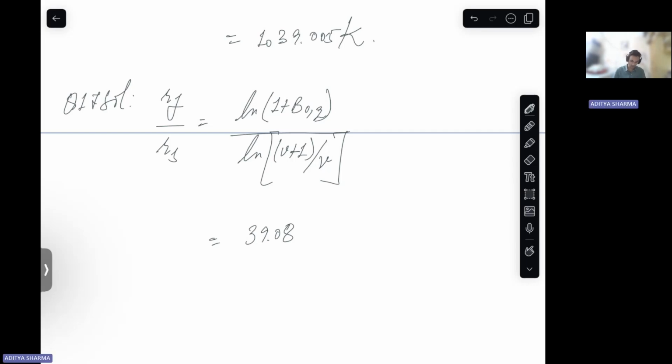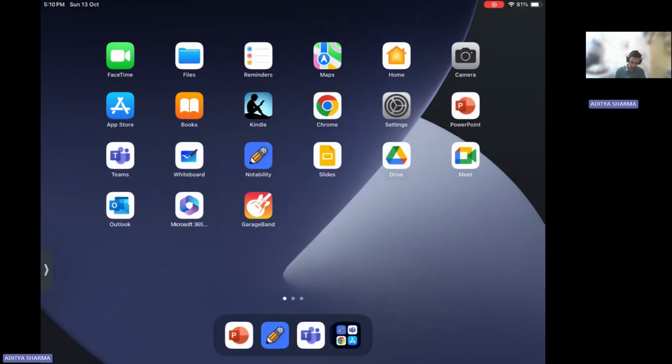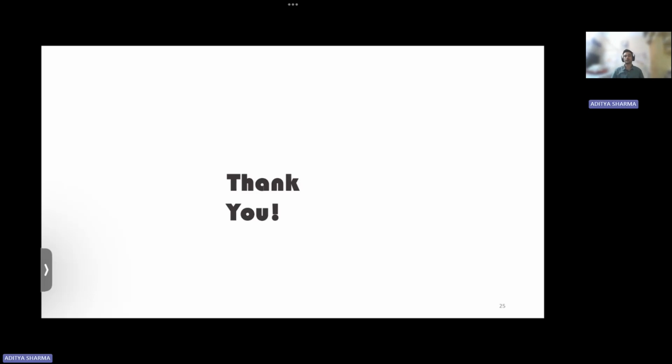Okay. So now we are at the end of this session. We have completed all the questions that were planned for this session. So I'll conclude now. This session was on combustion and flames, where there were two lectures.